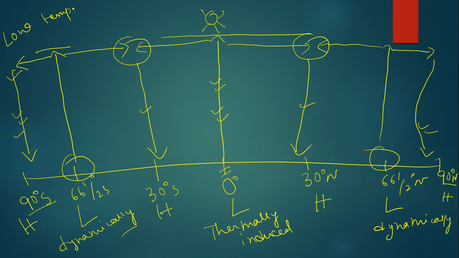So near the pole, because of the very low temperature, there is a formation of the high pressure belt. But we have to remember that over 30-degree south and 30-degree north, there is a formation of high pressure not because of the low temperature. Here the high pressure is forming because the air is descending from the upward to downward direction.